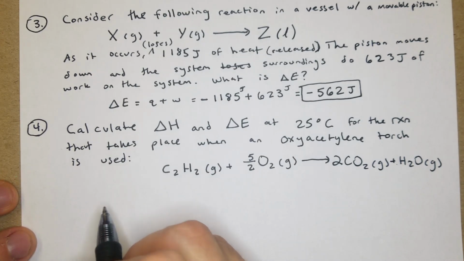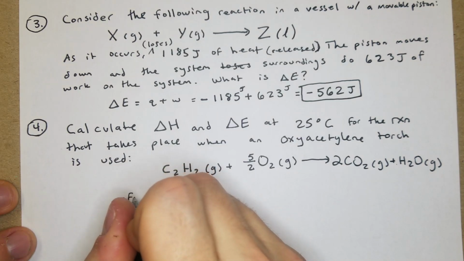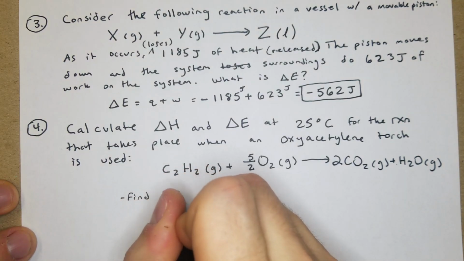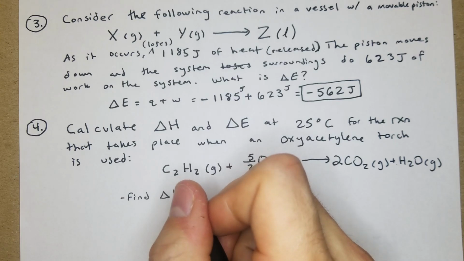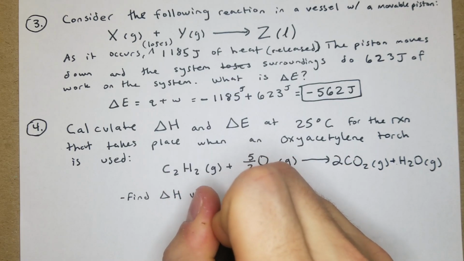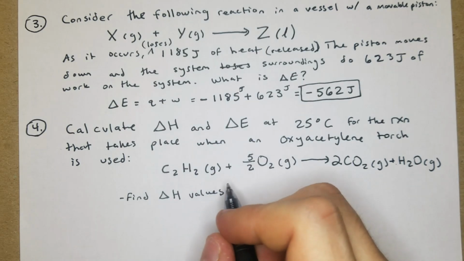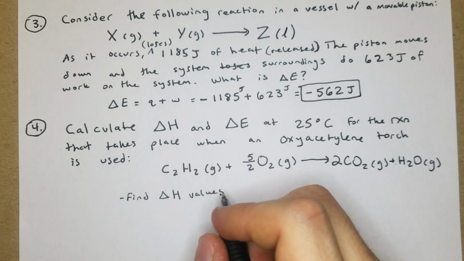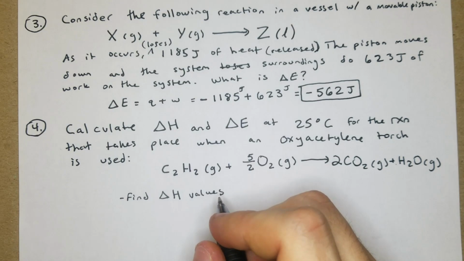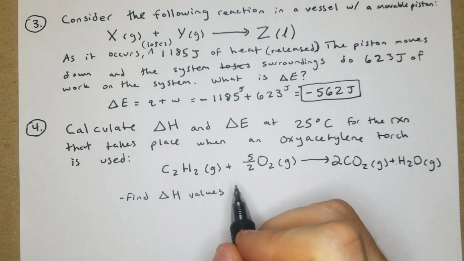I think the first step would be to find delta H. Delta H values can often be found in tables, depending on what you're using.